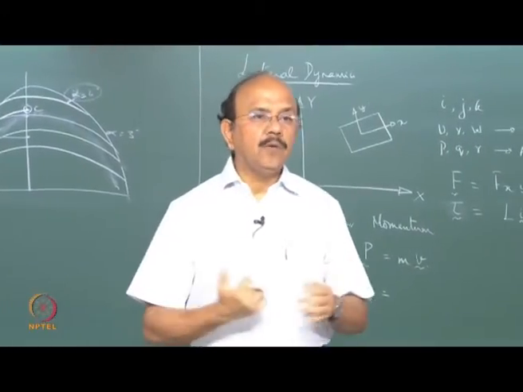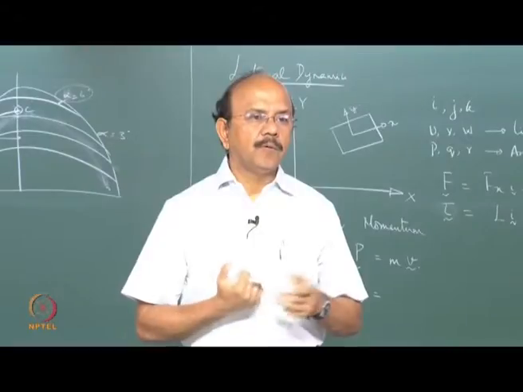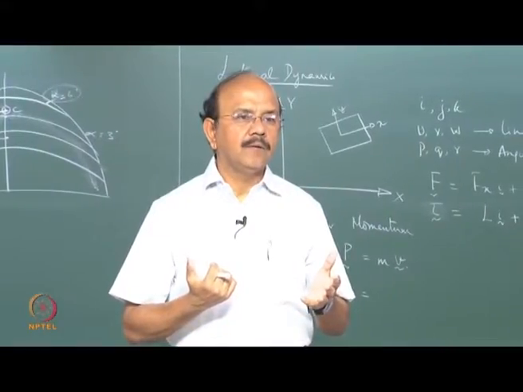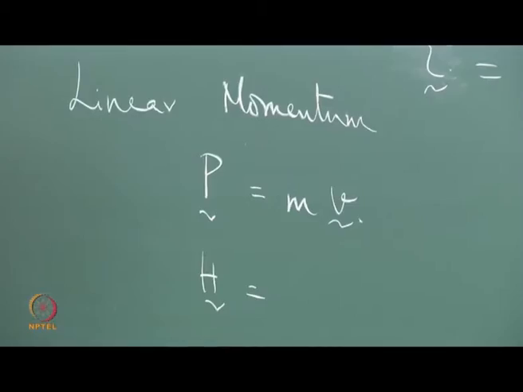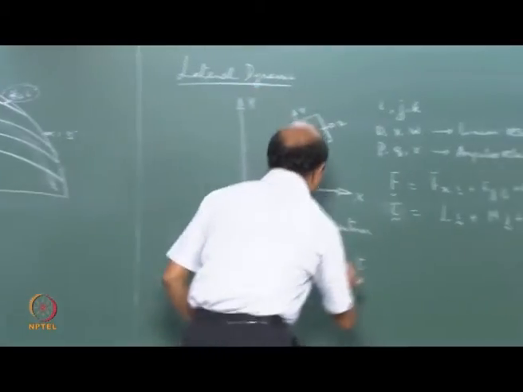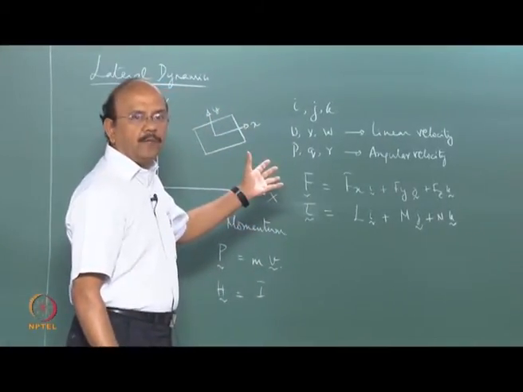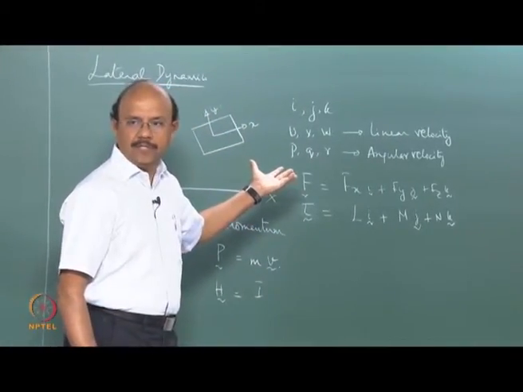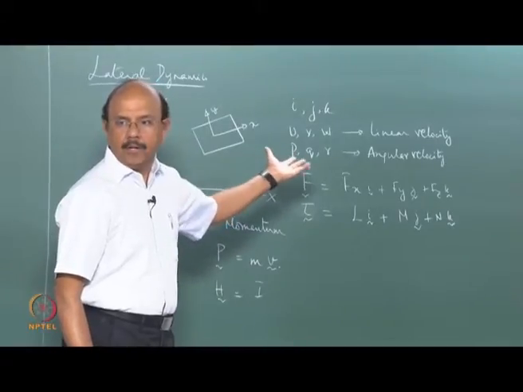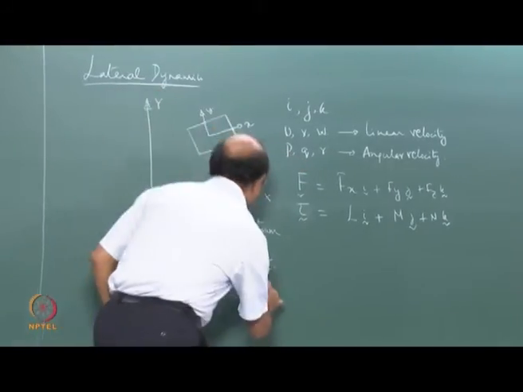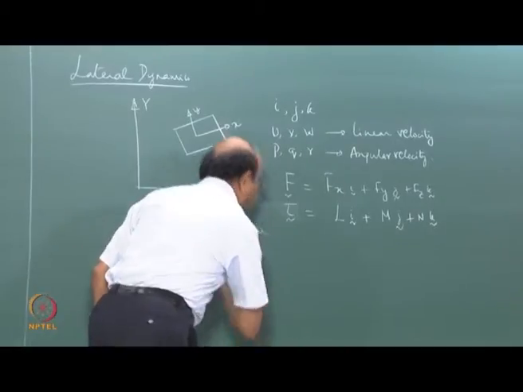Now what is I in this case? The moment of inertia is actually a matrix, right? Omega, what are omegas? Angular velocities. How have we defined this? p, q, r. So I omega.